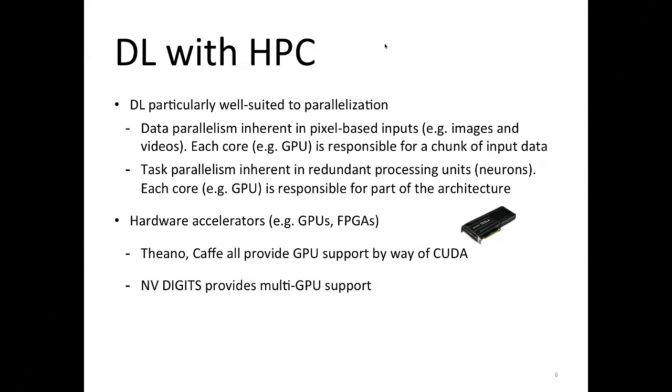Also, there are tools like Nvidia DIGITS that provide multi-GPU support, and even distributed frameworks. And Google just recently open sourced their distributed version of TensorFlow. That means you can run your deep learning research on the HPC cluster.